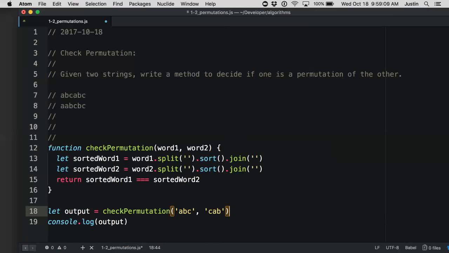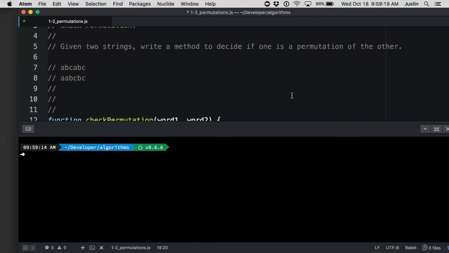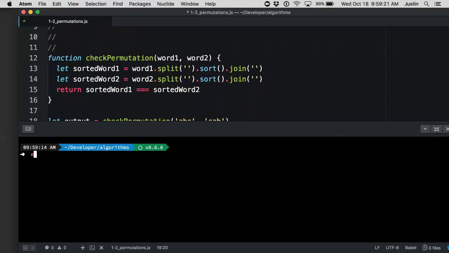Click this little plus, and you're in the algorithms folder, so you should be able to run the file. Okay, so it's node. That is true.